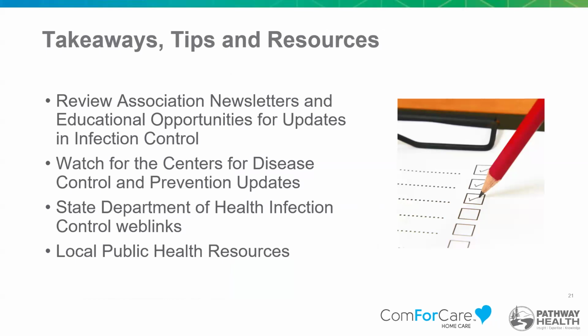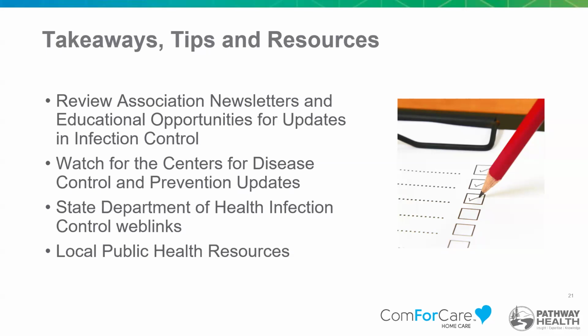So I want to talk a little bit about some takeaways, tips, resources today. It is important that we really do access updated, relevant information to put our systems into place so that we're able to educate our caregivers, and so that we're able to have evidence-based, updated processes such as policies, procedures, and protocols. In order to do that, we're going to need to look at resources.